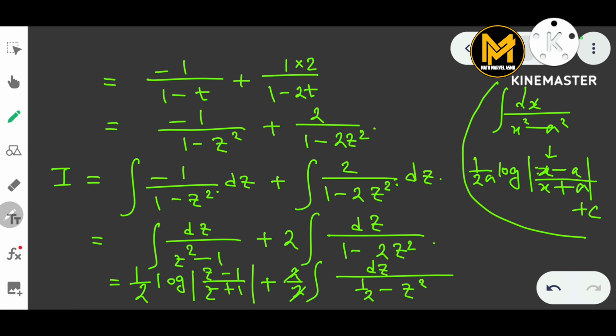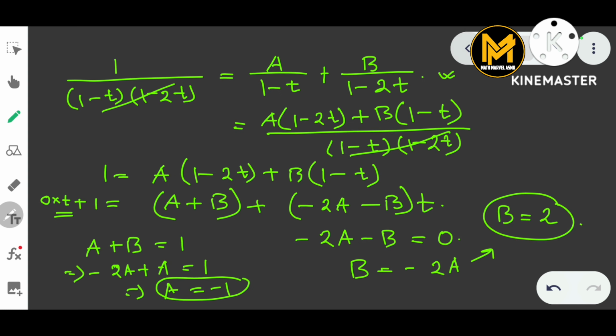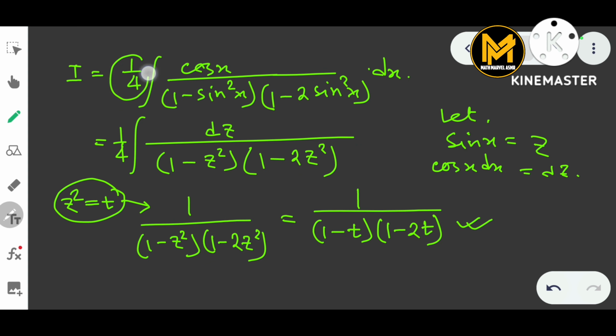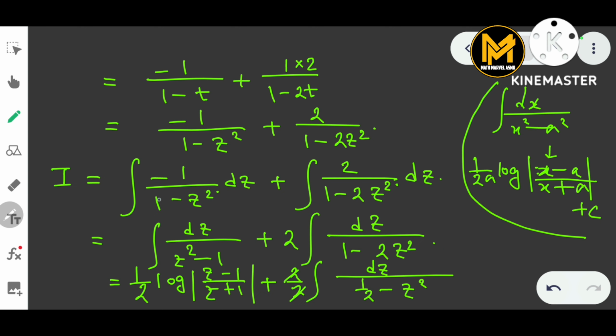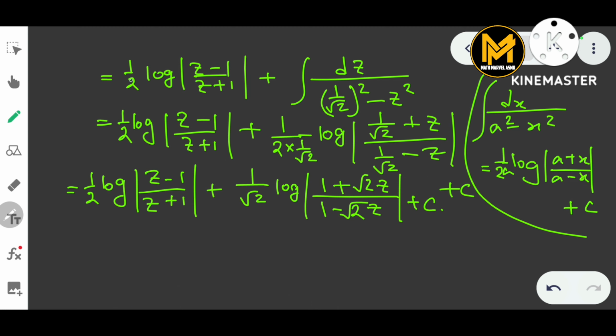One more thing we forgot to add, that is I is equals to 1 by 4 into, it was 1 by 4, so here it will be 1 by 4 multiplied by 1 by 4, all of the parts will be included. So it will be 1 by 8, and it will be 4 into root 2.